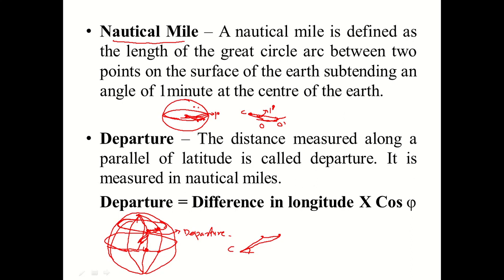This is the radius of earth R. If you drop a perpendicular to this axis, this angle is phi and this distance is r cos phi. This is the departure.